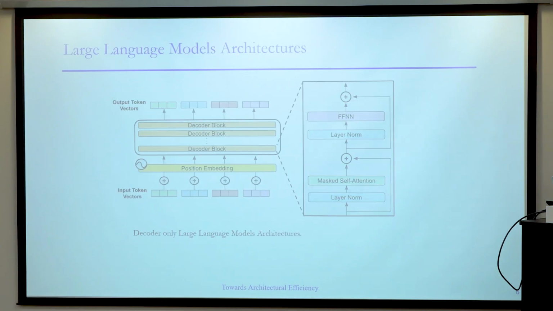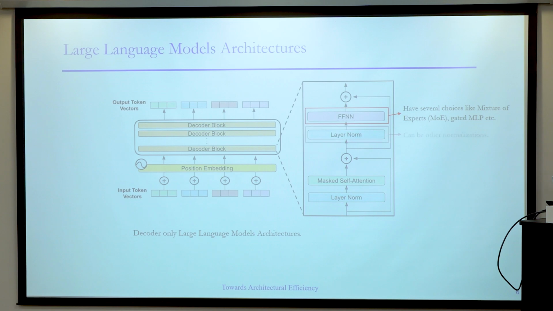And in this figure, we show a brief architecture of the large language model. Basically, large language models consist of a lot of decoder blocks. And each decoder block has several components. The first component is the feed-forward neural network or multi-layer perceptron layers. And you also have the self-attention layer and also layer norm for normalization.